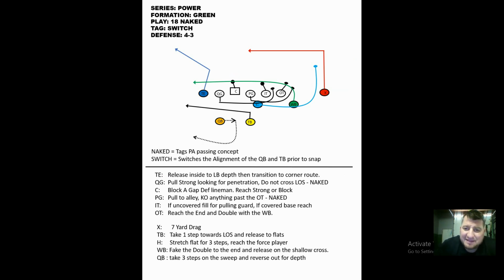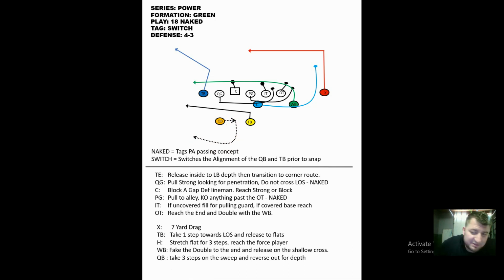The naked tag tells us that the line blocking will stay the same for this play action passing concept. We continue to still have 2 pulling guards, because they're just faking the 8 play. But the naked tag tells the quarterback that he's going to roll back against the strong flow.